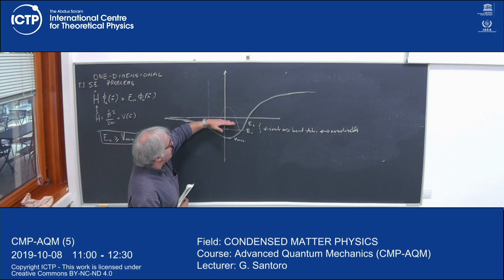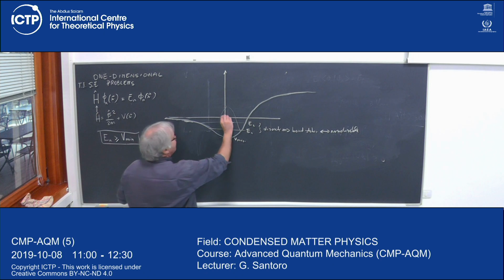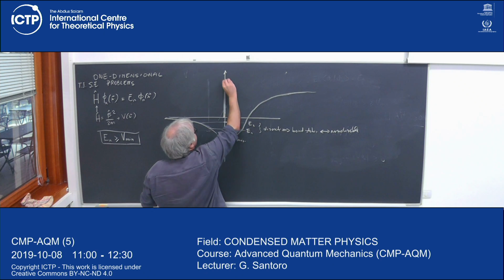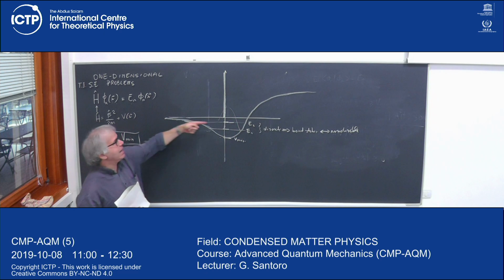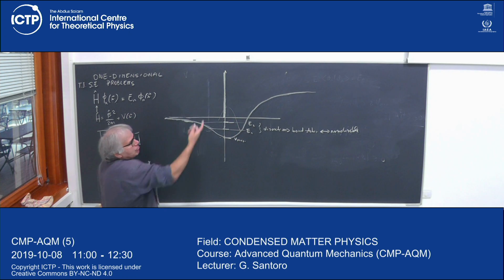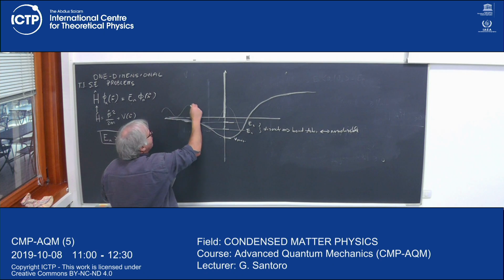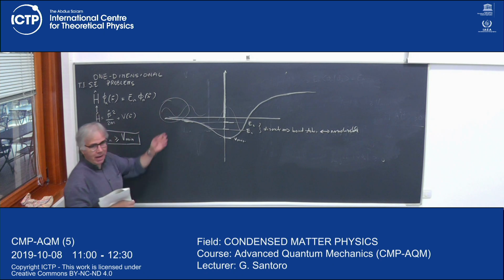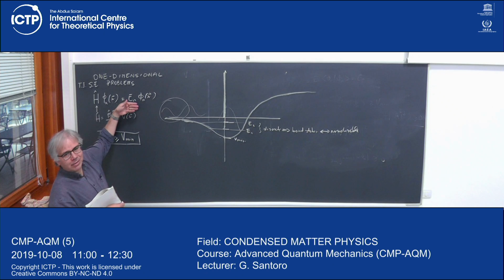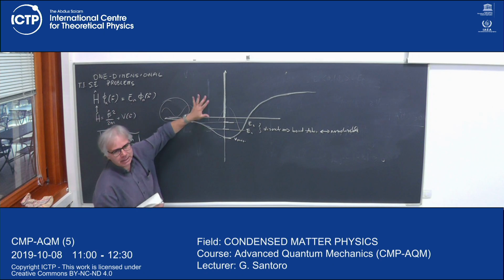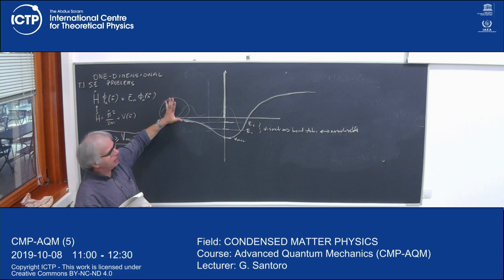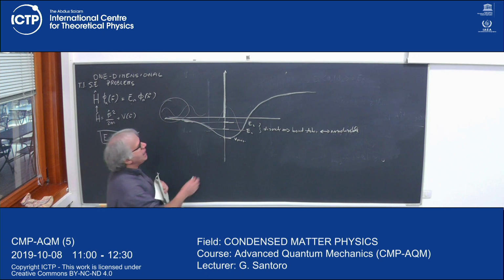If E is larger than this, you can still have eigenvalues, but essentially the wave functions behave as plane waves far away. Then they are modified by the potential, obviously. They are not exact, but you can find a solution for any energy.